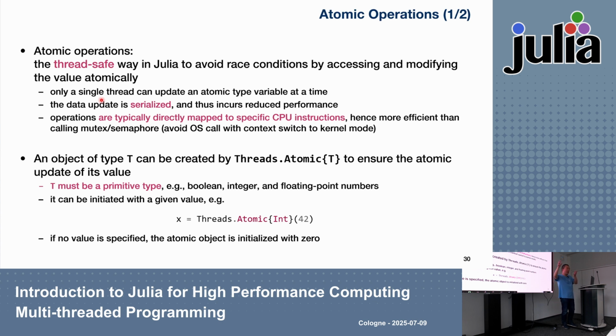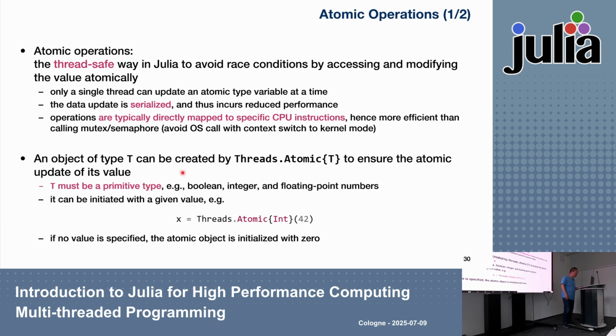That is why it will be serialized, and this will have a bad impact on performance. But anyway, for some operations, the compiler may take advantage of some CPU instructions to make the operation efficient.